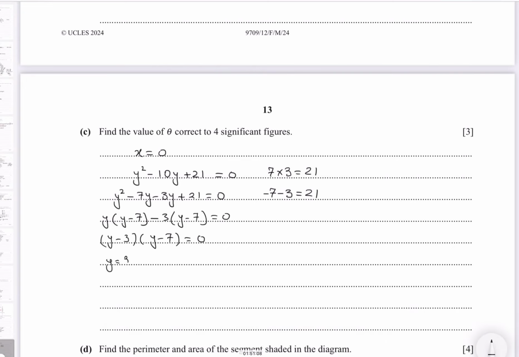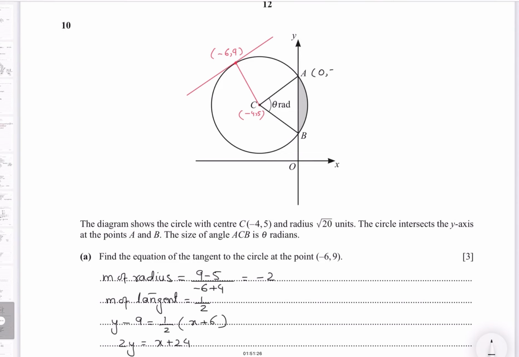So your y is positive 3, and y is 7. So the coordinates of point A could be 0, 7, and coordinates of B could be 0, 3.